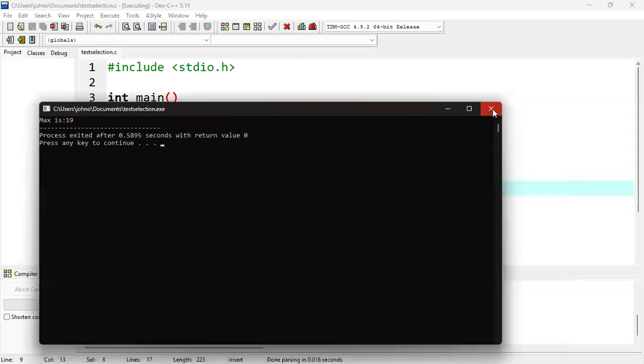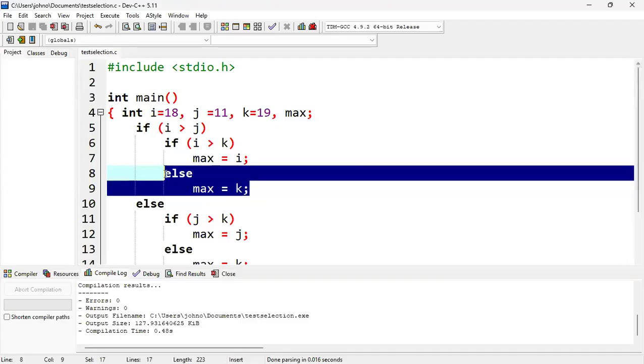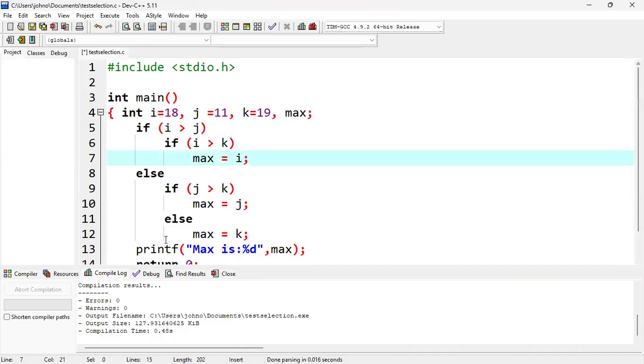Now, here is what I want you to observe. If i is greater than k, i is not greater than k.